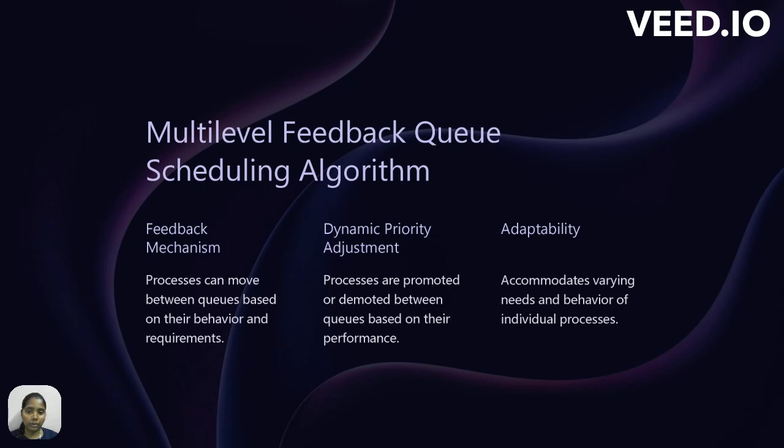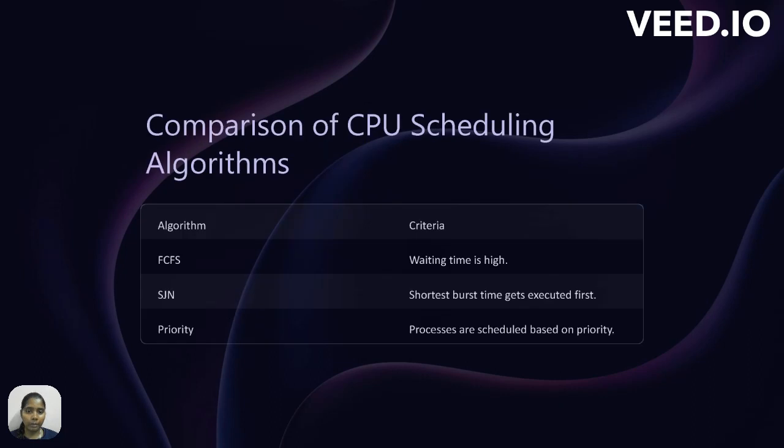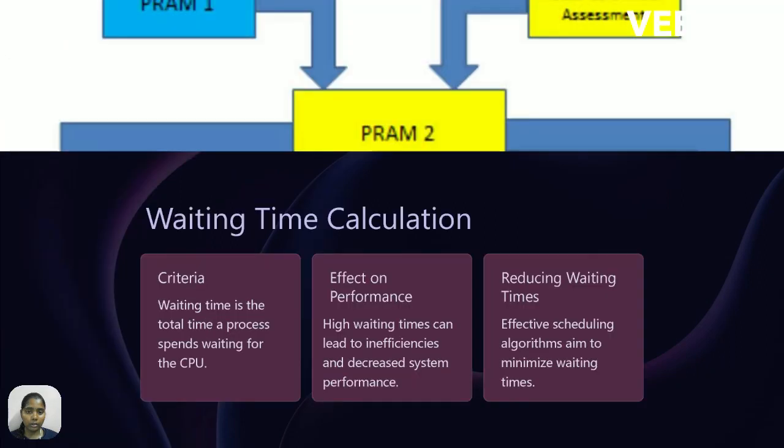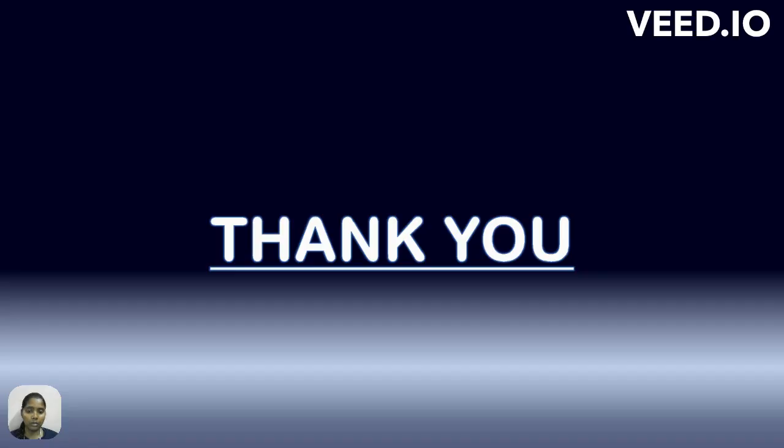Multi-level feedback queue scheduling algorithm has a feedback mechanism, dynamic priority adjustment, and adaptability, with descriptions of that. Comparison between the CPU scheduling algorithms and turnaround time calculation has the definition, formula, and importance. Waiting time calculation has the criteria, effect on performance, and reducing waiting time.